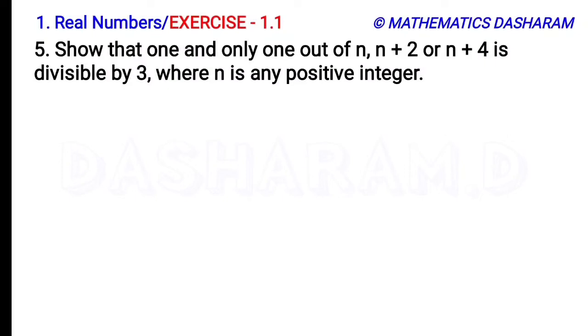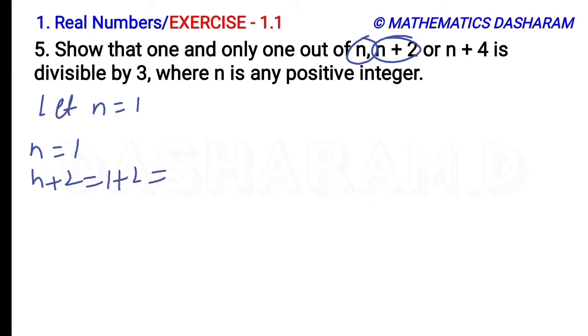Last question in this exercise: show that one and only one out of n, n plus 2 or n plus 4 is divisible by 3, where n is any positive integer. Let's take one positive integer, n equals 1. So the first number is n, so n equals 1 itself. Second number is n plus 2, so 1 plus 2 equals 3.